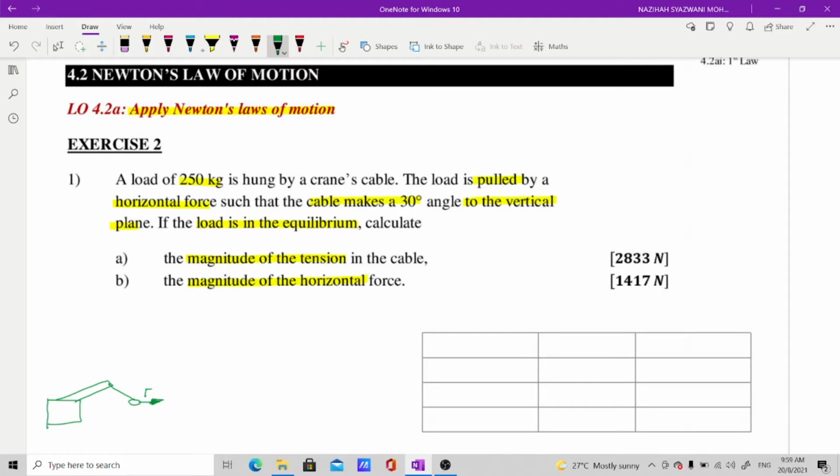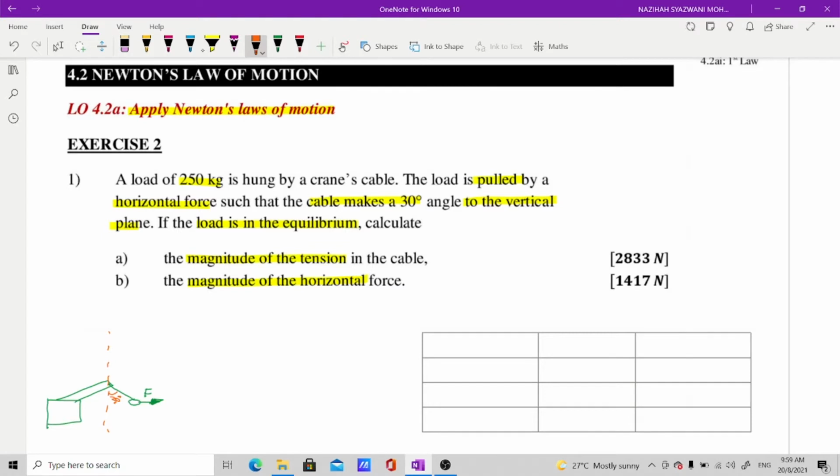So this is the external force. It is also stated that the cable makes a 30-degree angle to the vertical plane. So if we draw a vertical plane here, that 30-degree would be this one.